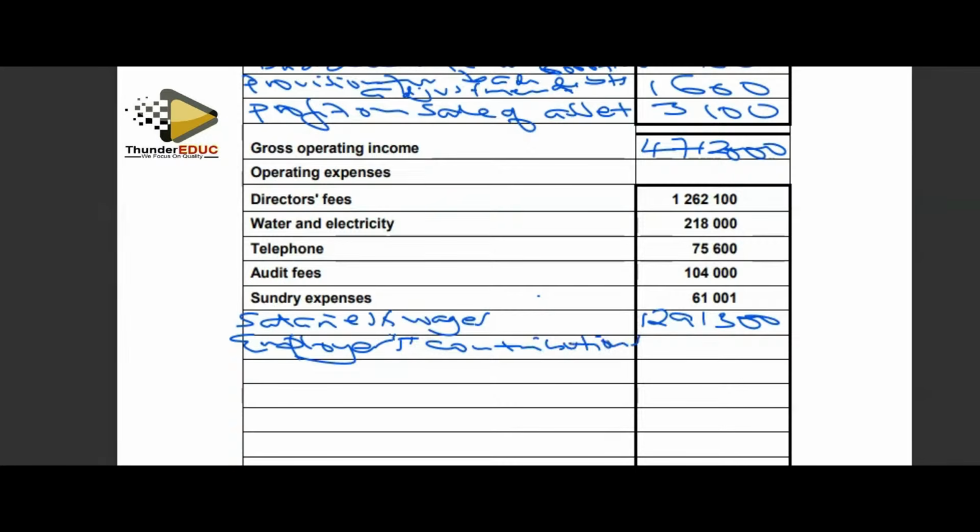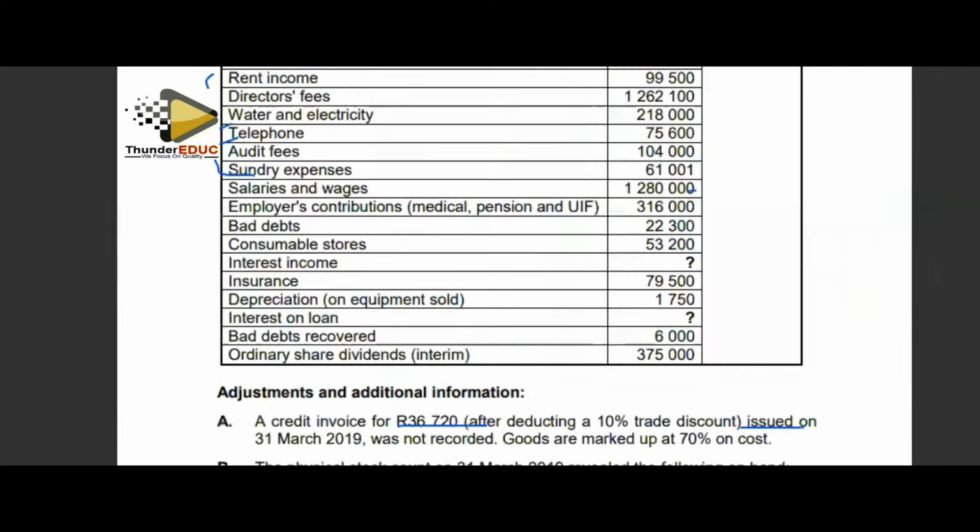So this one will be, we said it is 316 what? 300. Just a moment. Employers' contributions were how much? 316,000. Anyway, let's check if they said anything about it, by the way.